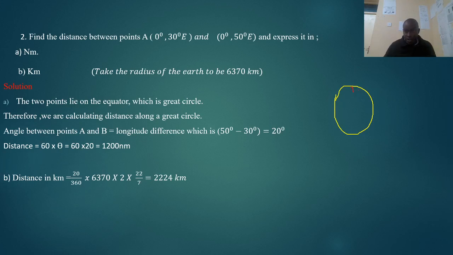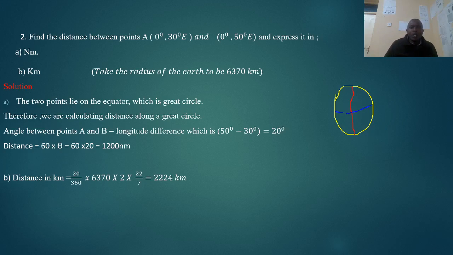I use red for the Greenwich Meridian at the middle, and blue for the equator. The equator is at 0 degrees, and the Greenwich Meridian is at 0 degrees.